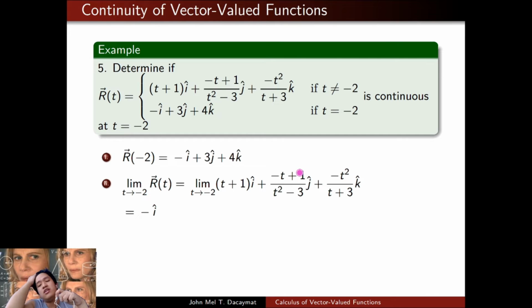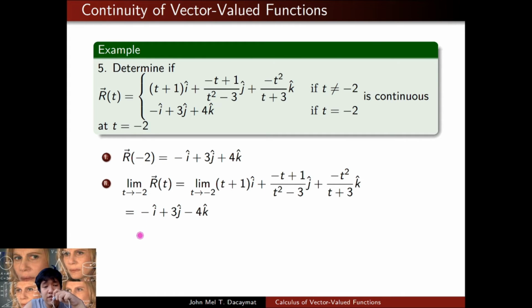Yung baba, you have t squared minus 3, so that's 4 minus 3, that's 1. You get 3 here. Itong third component, if you try to plug in -2, yung baba, +1, yung taas, -4. You get negative 4.